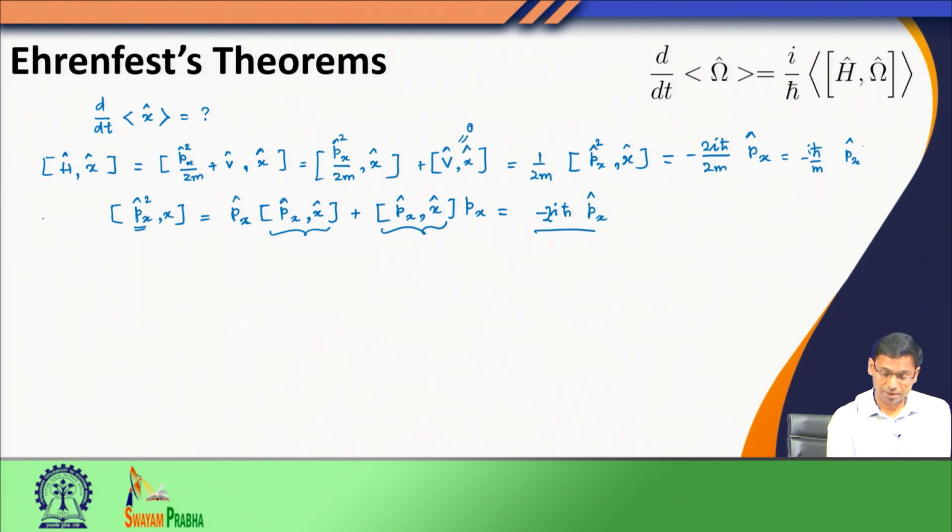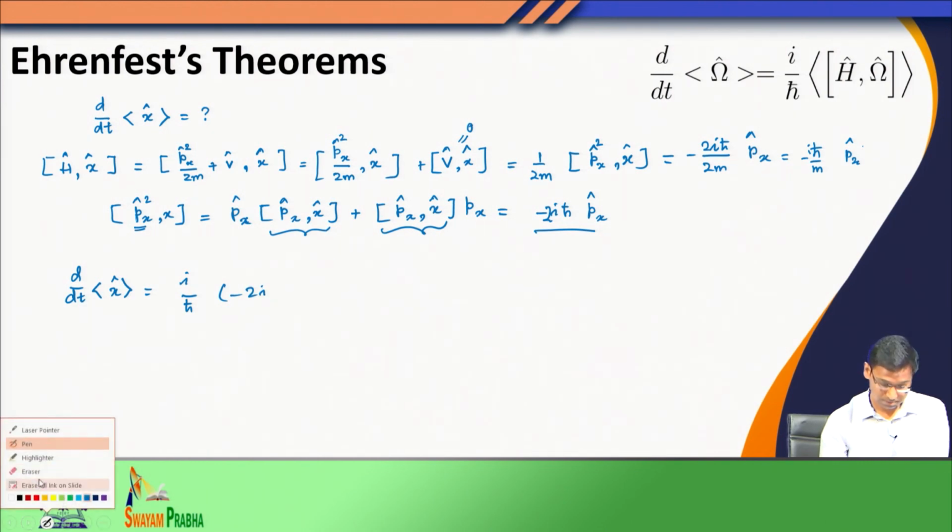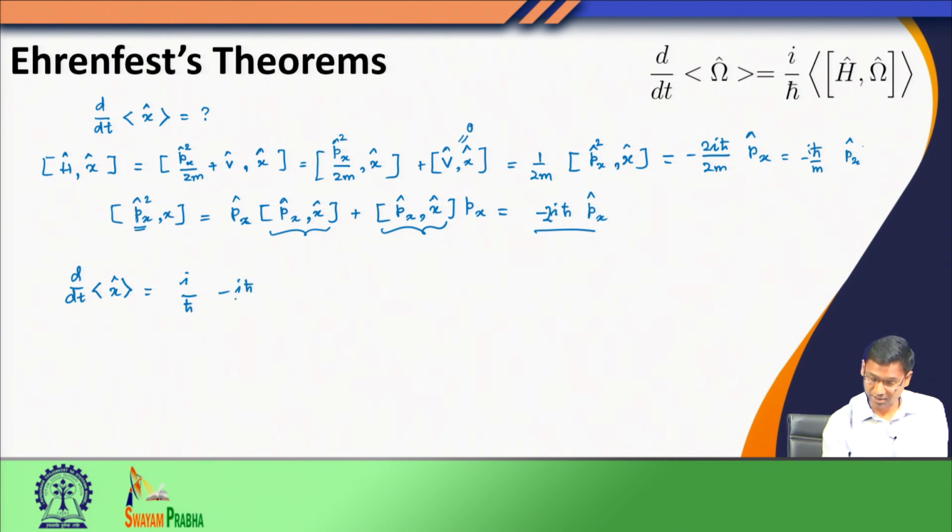Now, to obtain the time evolution, I would use i divided by h bar multiplied by minus i h bar divided by m and the expectation value of the p x operator.